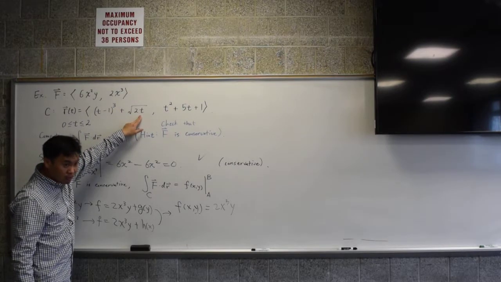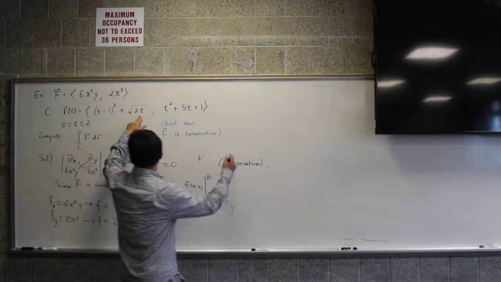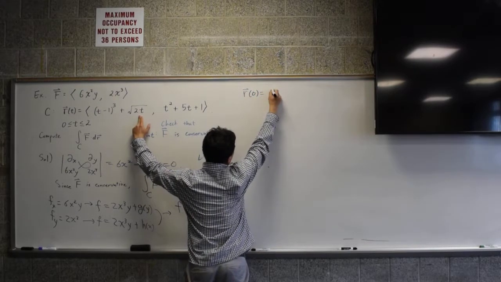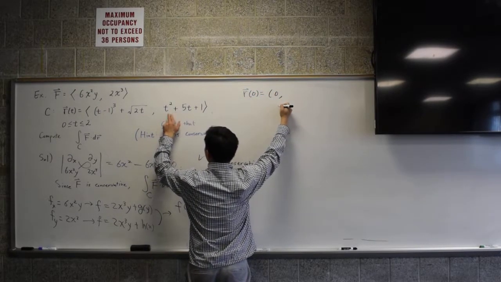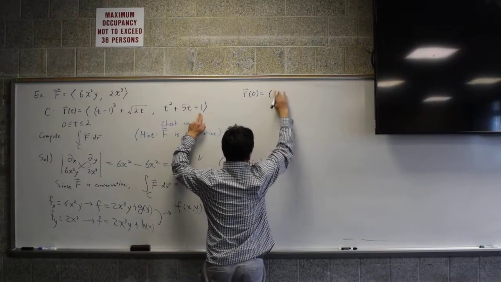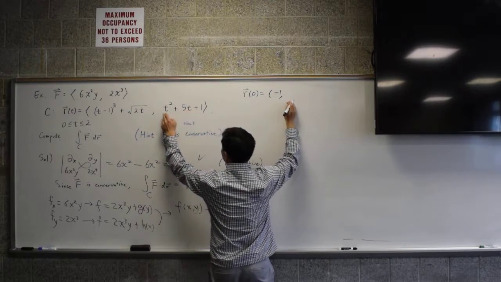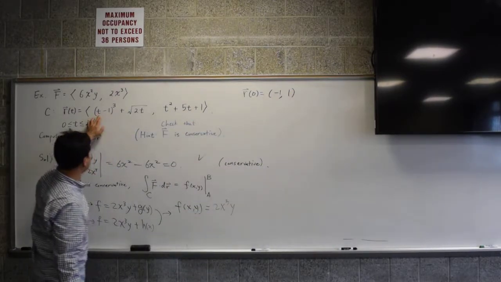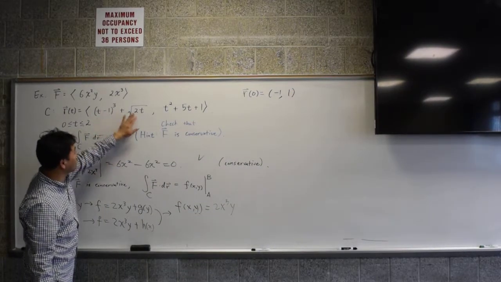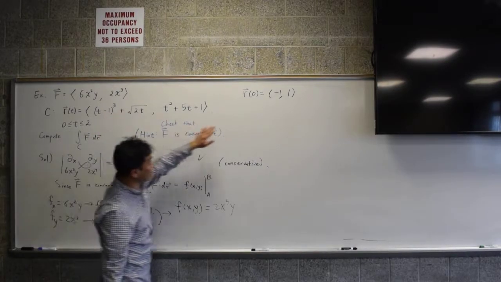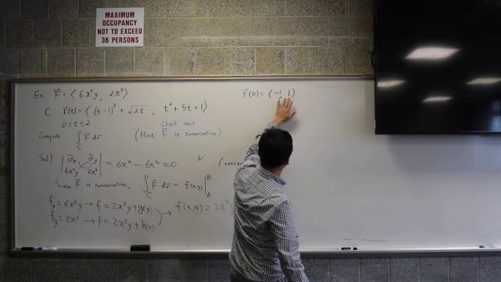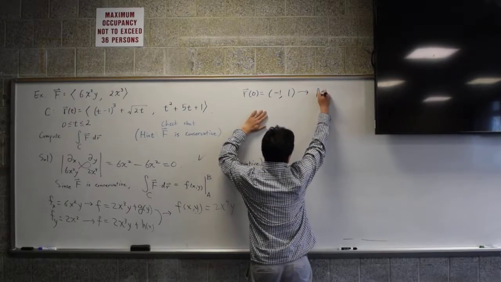So I know that r evaluated at 0 has x-coordinate negative 1. And if I plug in 0 for the other coordinate, negative 1 cubed gives you negative 1, this gives you 0, 0 plus negative 1 is negative 1. If I plug in 0 here, I get 1. Okay, so that's my beginning point, point A.